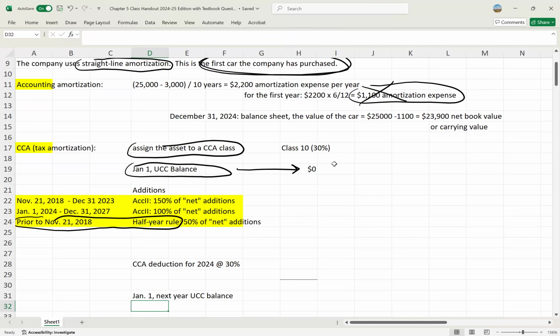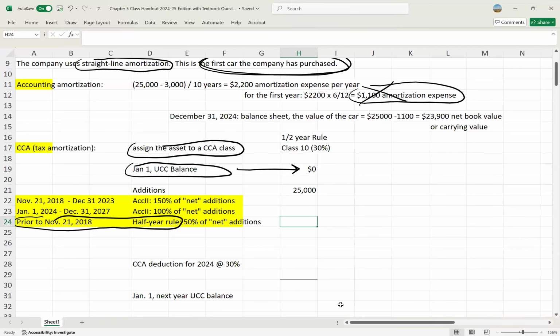And so I'll make a note here that this first column is going to be the half-year rule. So this is how the half-year rule works. What we would do is we would add the cost of the car to this class. We would add 25,000 to this class, which makes sense. That's the cost of the car.